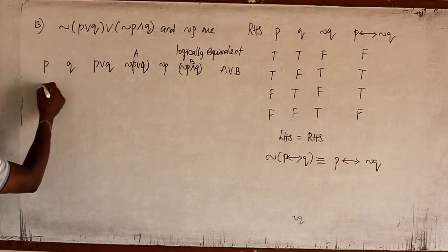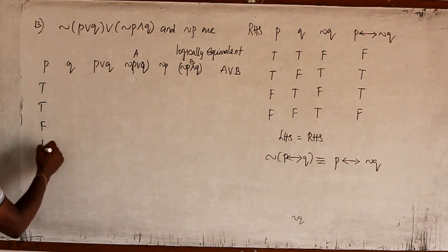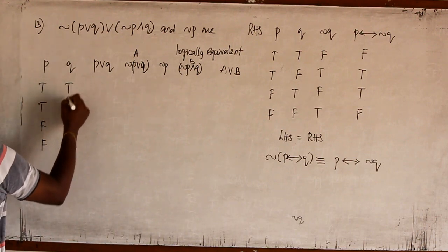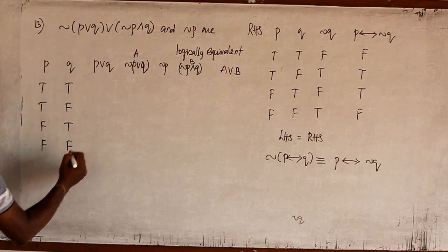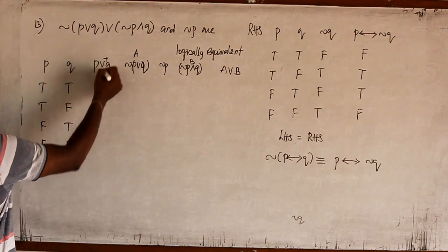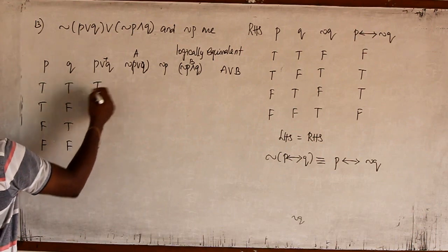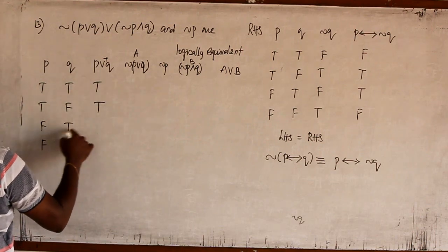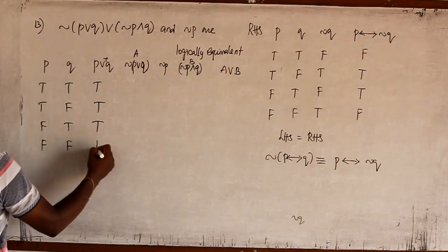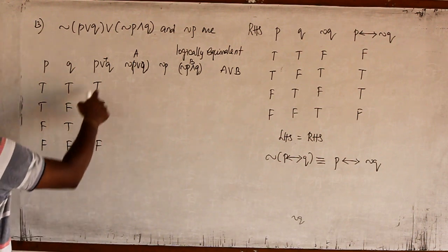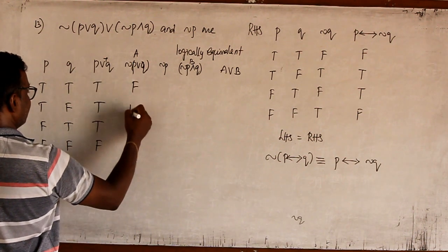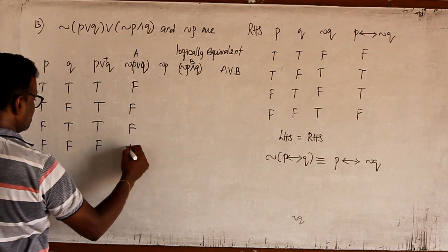Now only two sets: true, true, false, false for P, and true, false, true, false for Q. OR means plus, so I add: 1 plus 1, 1. 1 plus 0, 1. 0 plus 1, 1. 0 plus 0, 0, which means false. Negation of this: false, false, false, true.